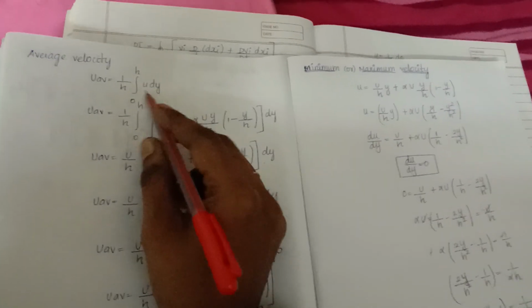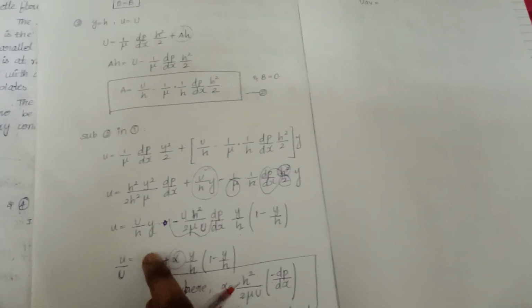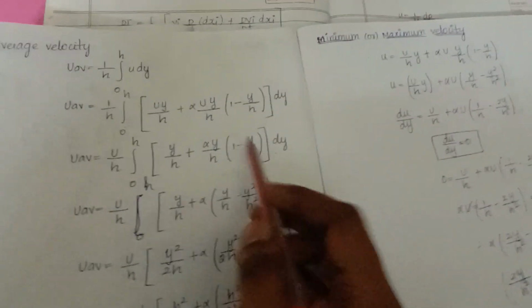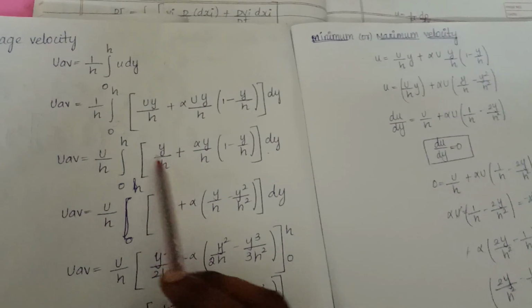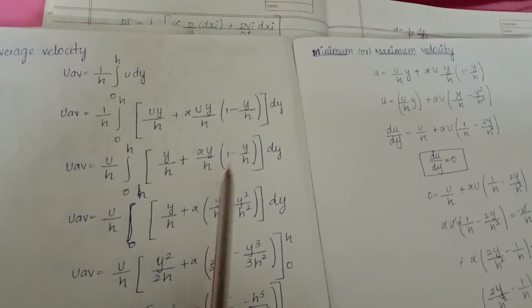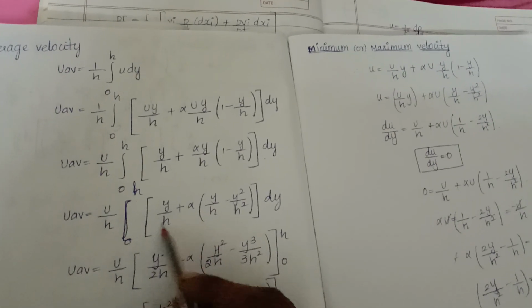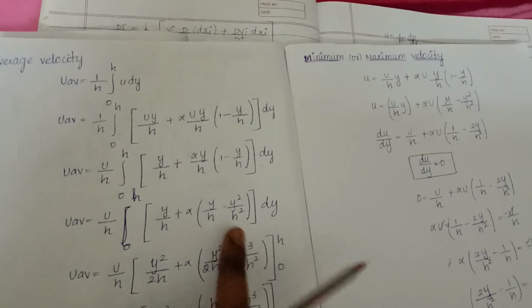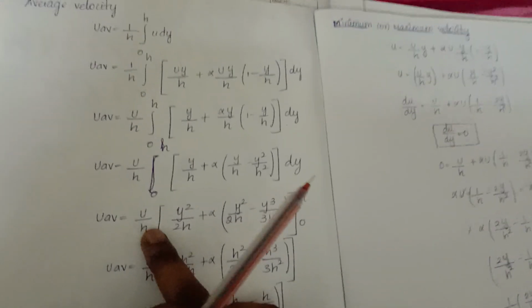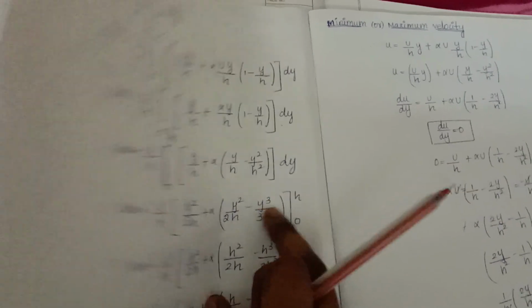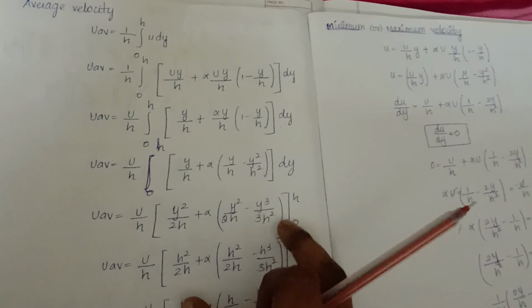Instead of u we put U y by h plus alpha U y by h into 1 minus y by h, dy. Take U as common, and multiply y by h inside, so y by h minus y square by h square. If we integrate, we get y square by 2h plus alpha into y square by 2h minus y cube by 3h square, from 0 to h.